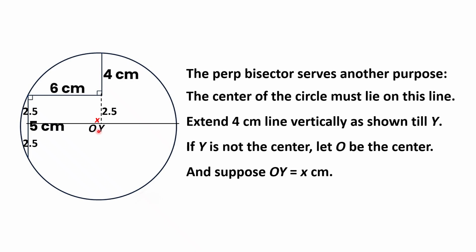If Y happens to be the center, then the points O and Y will coincide, so x will be equal to 0. For the time being, let us suppose Y is not the center, so O is the center and OY equals x.